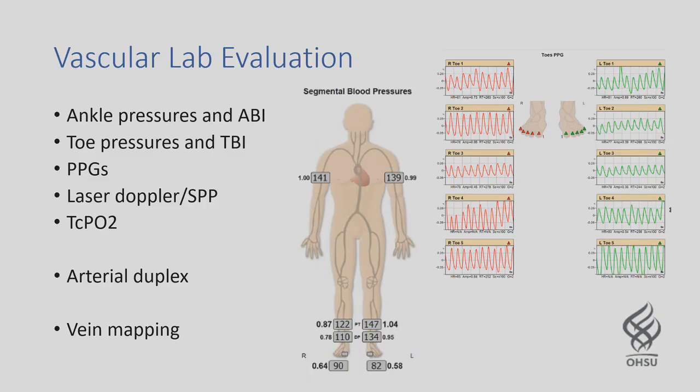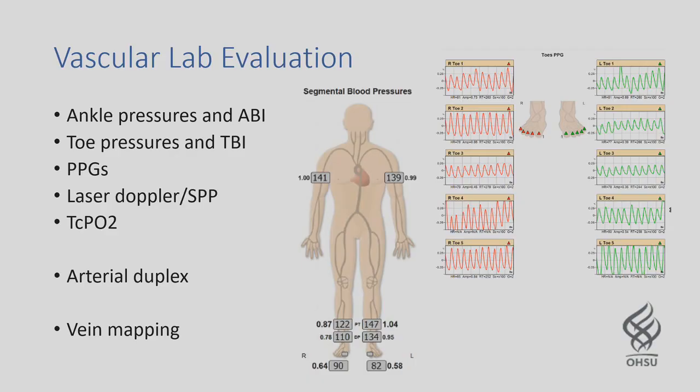It's consistent with it. We may expect to find that in a patient who presents with those symptoms, but we start with the symptoms and then go to the imaging as opposed to the other way around, as far as what conclusions we can draw with that. Particularly in diabetic patients, they may have calcified vessels due to medial calcinosis.